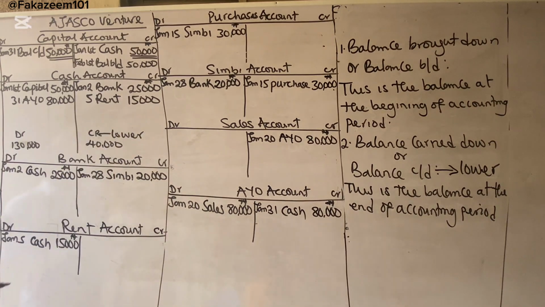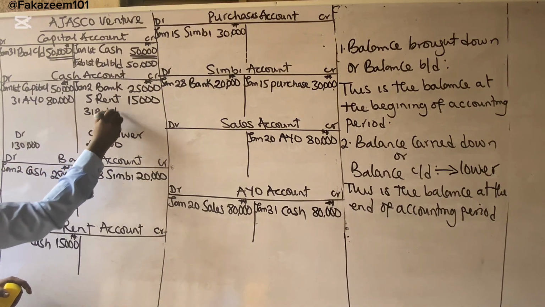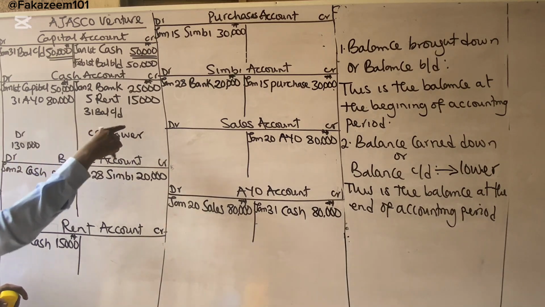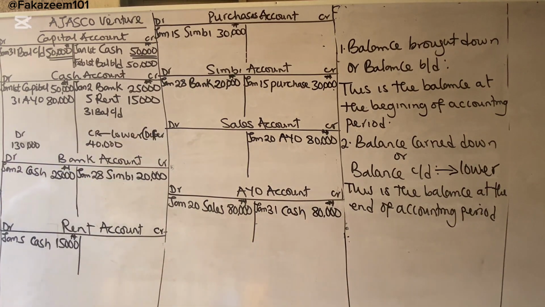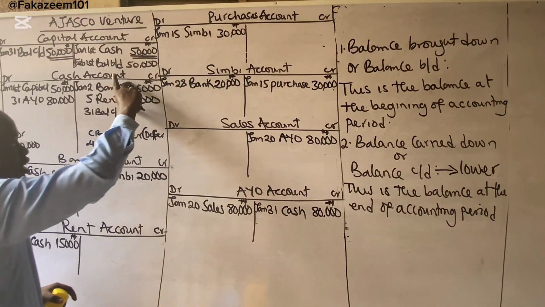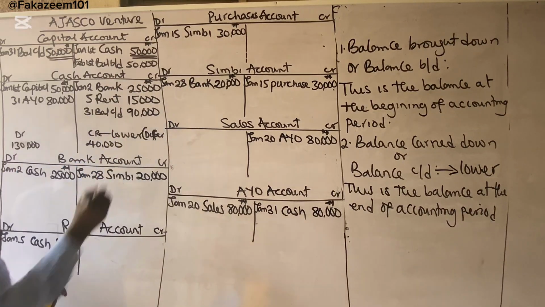Once the credit side is lower, it means firstly, your balance carried down will fall on the credit side. What you are going to put there is the difference. You say the debit side total, 130,000, minus the credit side total, 40,000, and that will give us 90,000.